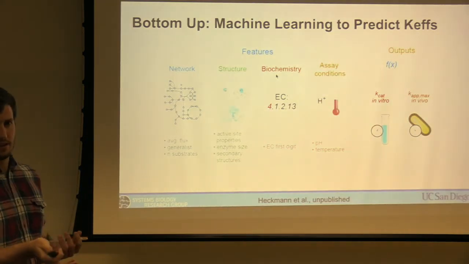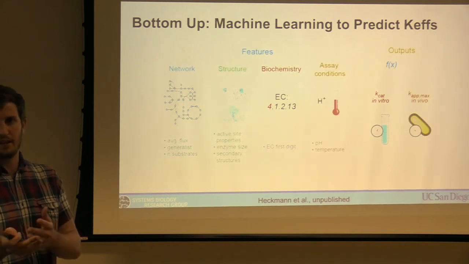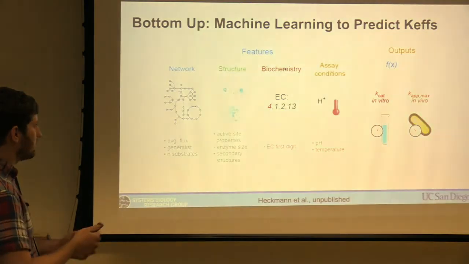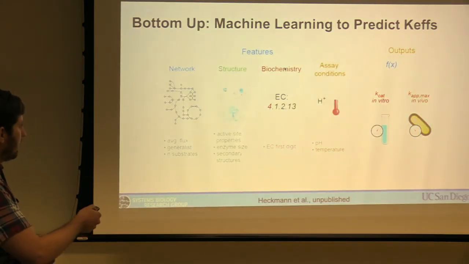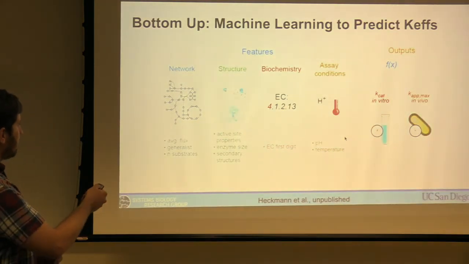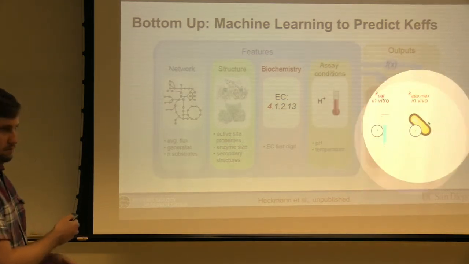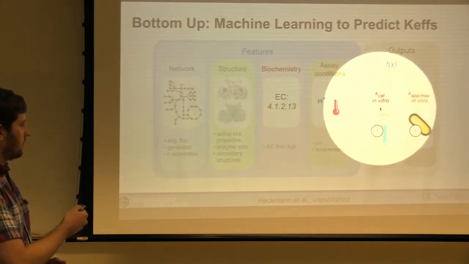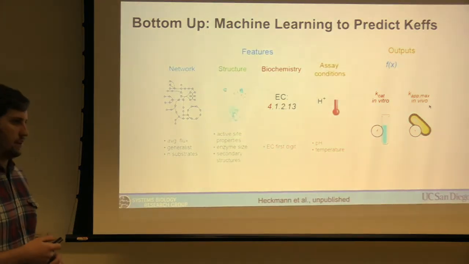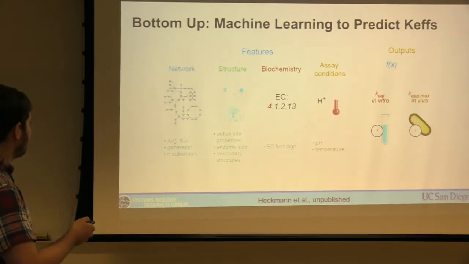If it's a dehydrogenase, it's probably going to have different kinetics generally than an isomerase, so we included that as a feature. And then assay conditions like pH and temperature. We took all these features and trained against K-cats that have been measured in vitro on BRENDA, and also predictions of K-max, which is predicted based on fluxomics and proteomics data.